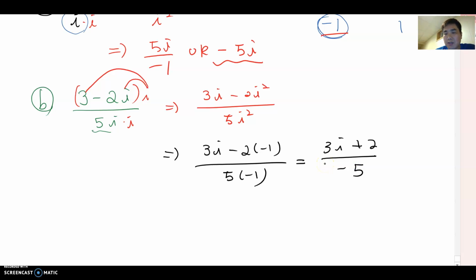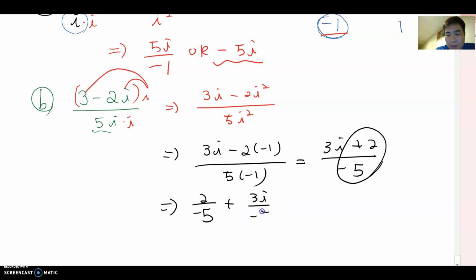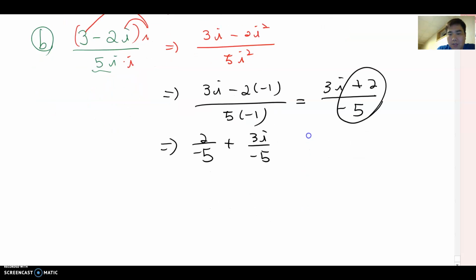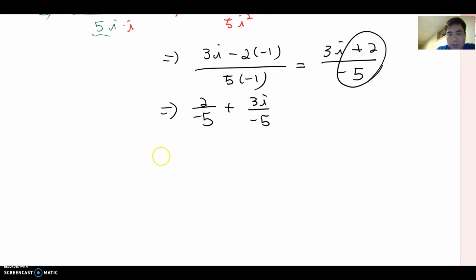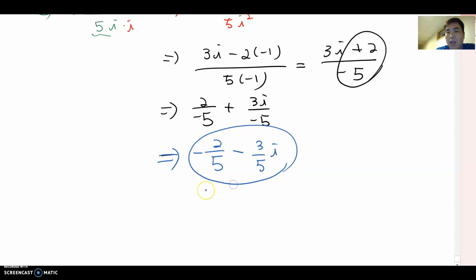Simply that's the answer, but we want to make it complex number form, which means we can write 2 over -5 plus 3i over -5, so that now you can simplify this as -2 over 5 minus 3 over 5 i. That will be the answer.